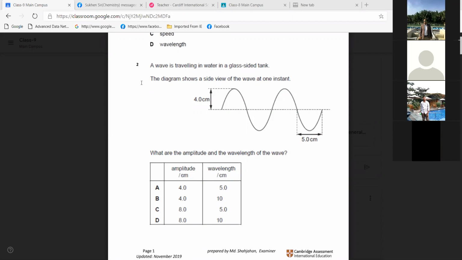Yes, you know what is called wavelength and you know what is called amplitude. So from that idea, now you have to find the magnitude, the value of amplitude and wavelength. So other students also, beside Qazi Jawad, you should also think and get the answer.